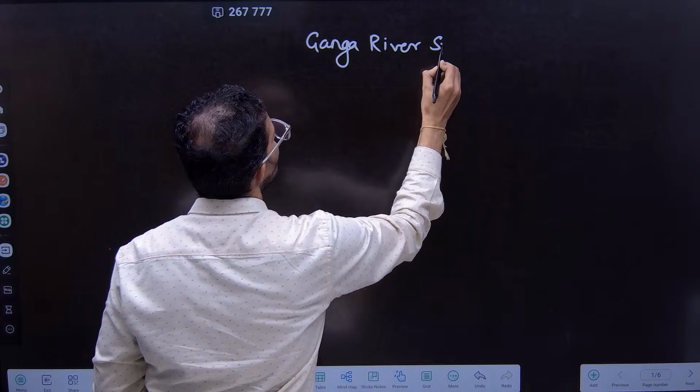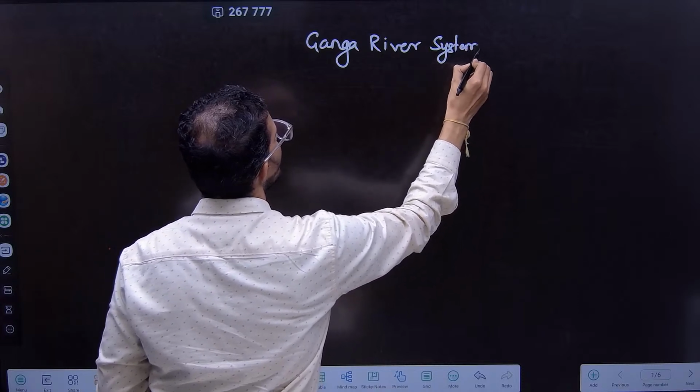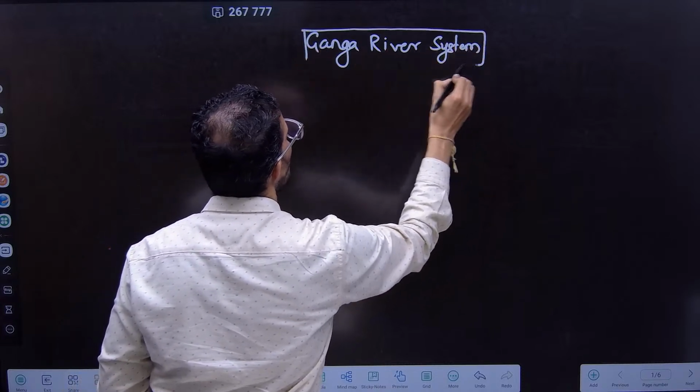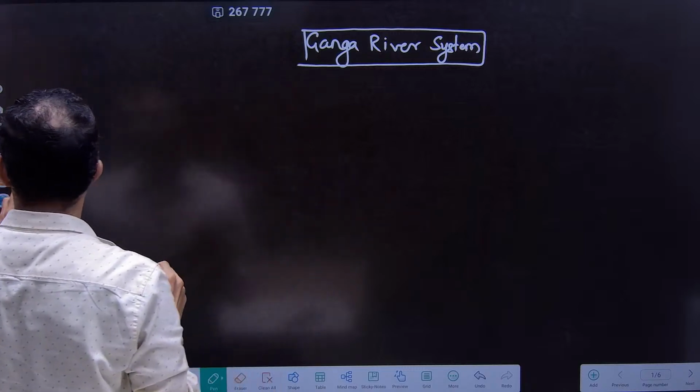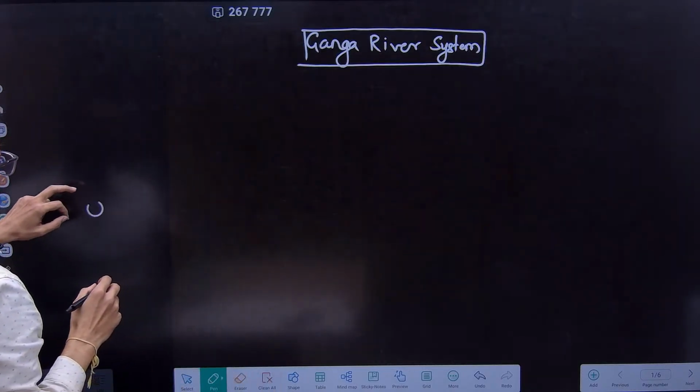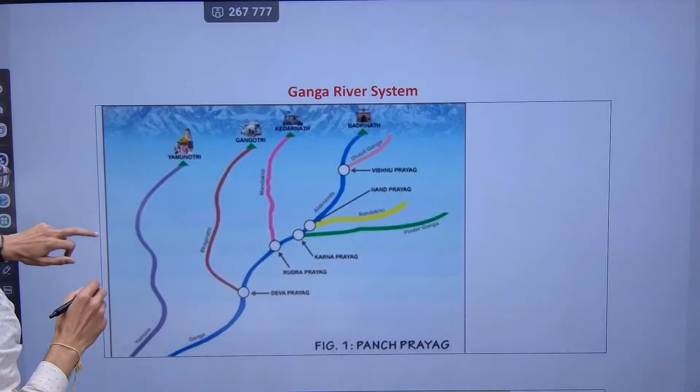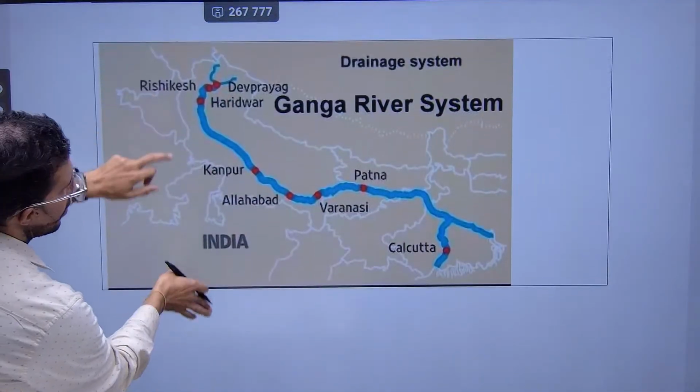Please pay attention very carefully. Before starting our chapter, please see this river system.